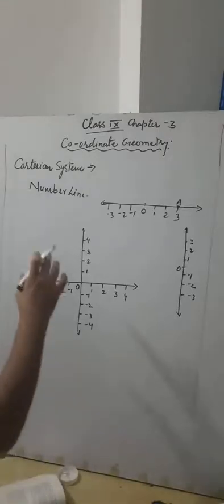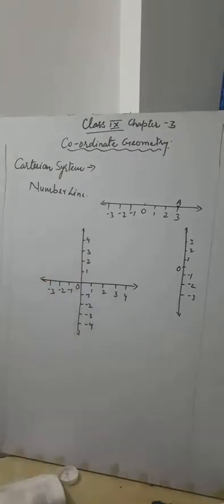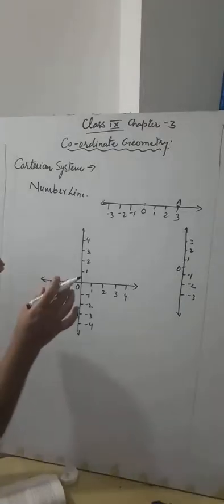Now this system means a pair of number lines which are perpendicular to each other.